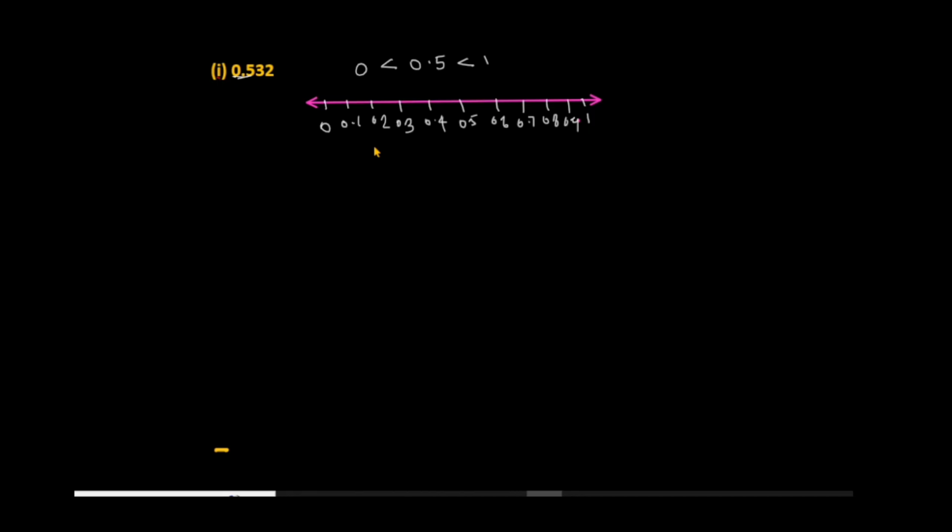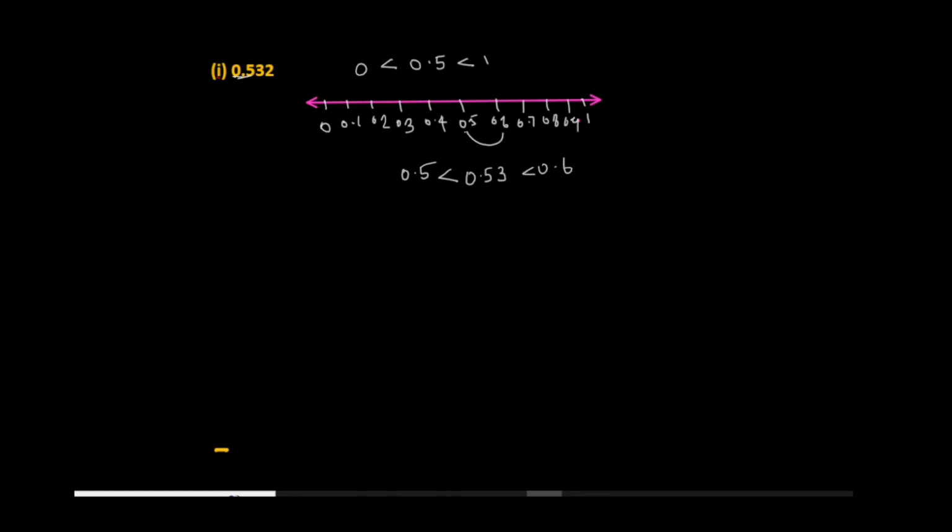Now 0.5 is here. Between 0.5 and 0.6, our next digit is there, that is 0.53, which lies in between 0.5 and 0.6.